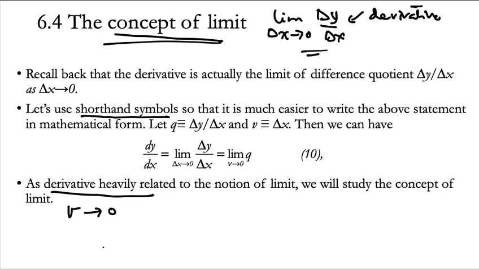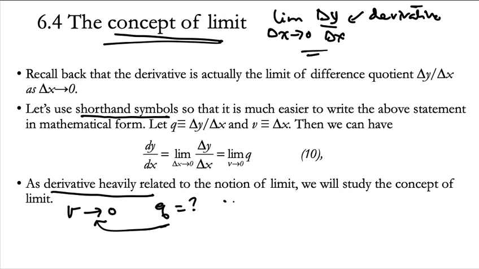Now, if V approaches 0, the next question is, what will be the value of Q? What happens to Q? Listen again. As V approaches 0, what happens to the value of Q? If you listen to this kind of statement, don't you think that Q here depends on V? Because the way I asked it, when V approaches 0, what happens to Q? Is there any impact on Q or not?